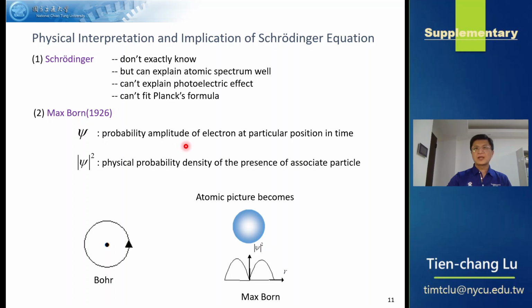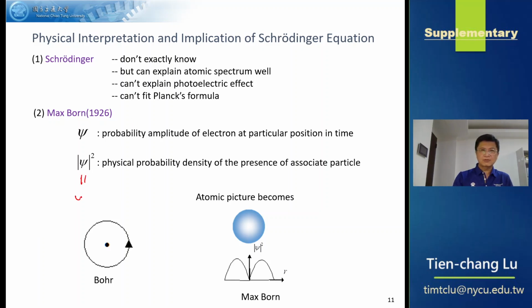Once we take the absolute value of the wave function and square it, we can express it as this.